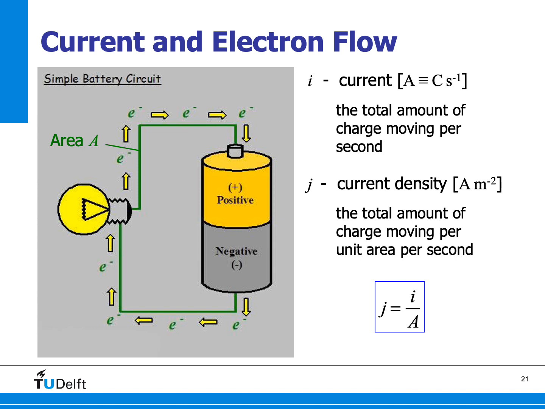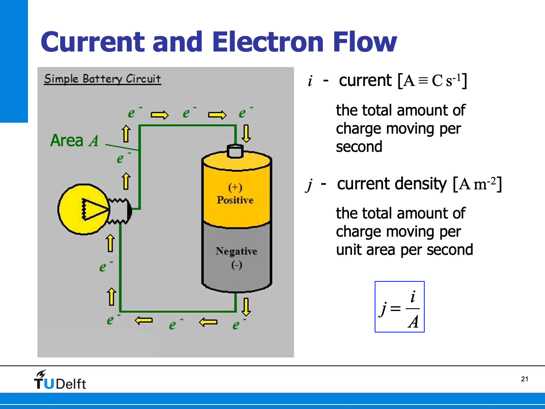The current is indicated by the symbol I, and it's given in units of amps or amperes, and an amp is equal to coulomb per second, so the amount of charge moving per second.